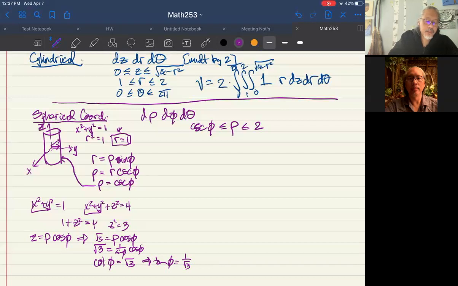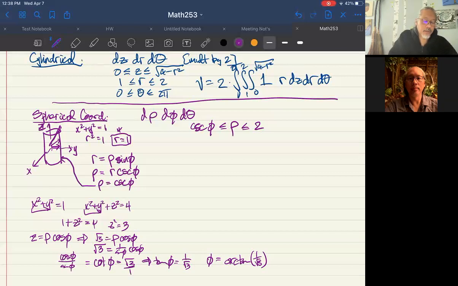So phi is equal to the arc tan of 1 over root 3. I think that's a specific angle. We can figure that out. So that is the intersection over here of that sphere. Well, let's see. We can look at this as cotangent is cosine phi over sine phi, and so this is root 3 over 1.